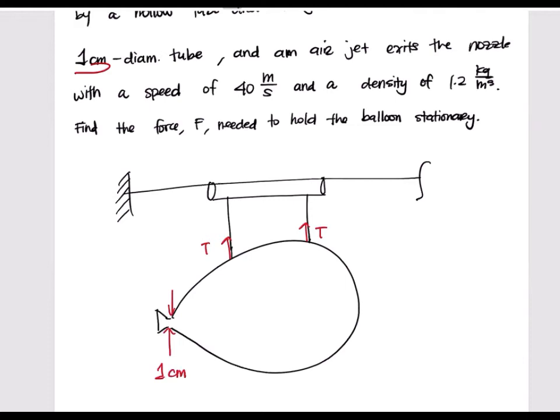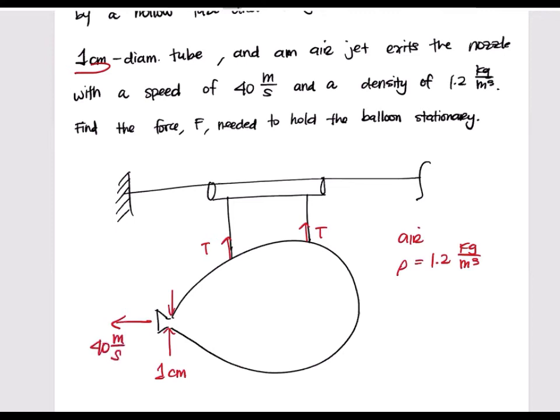Okay. And this is air. We're dealing with air with a density of 1.2 kilograms per meter cubed. And it says here that the air jets the nozzle with a speed of 40 meters per second. Okay.